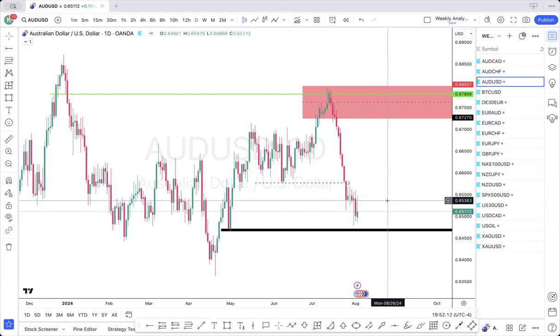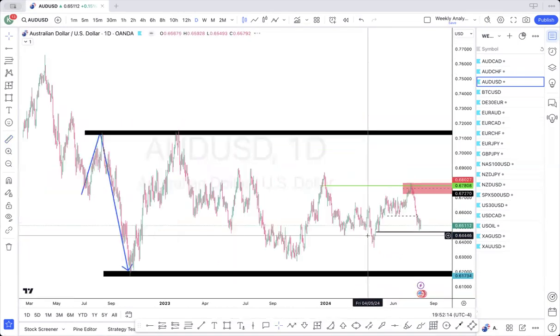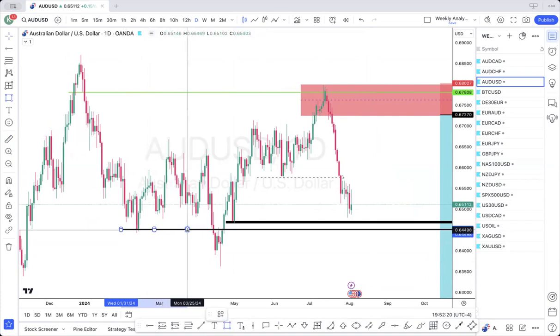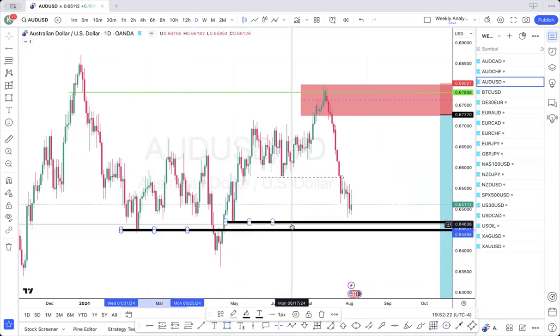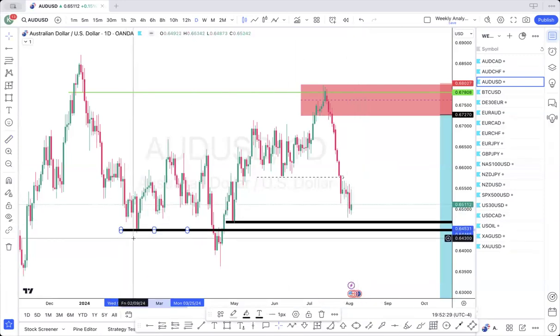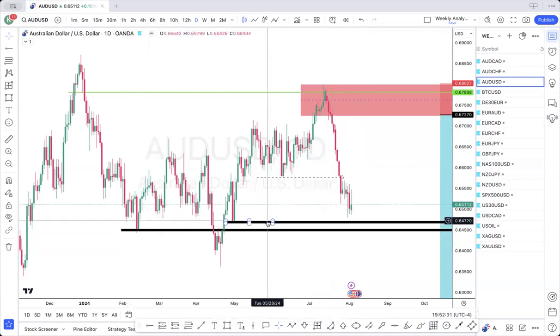And based on this daily key level here, there's always two zones when it's close to pulling back. So you have this marked up here and this here.